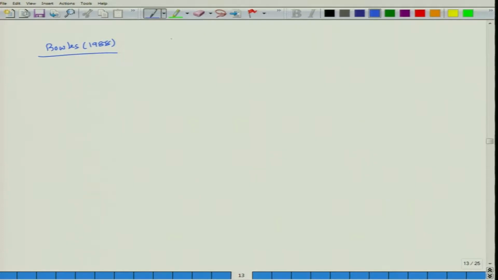So, E is in kg per centimeter square, sand, normally consolidated sand, saturated sand, over consolidated sand, then silty sand.